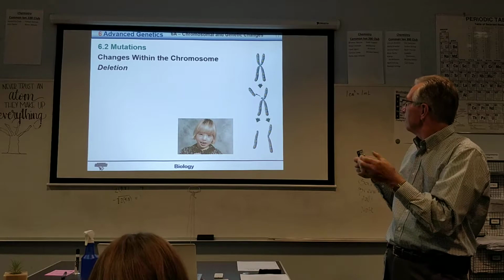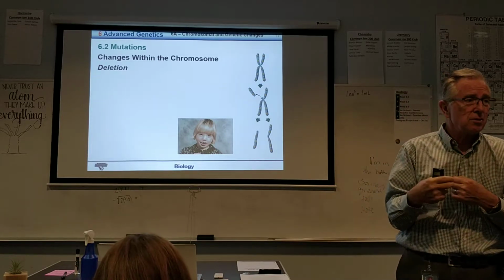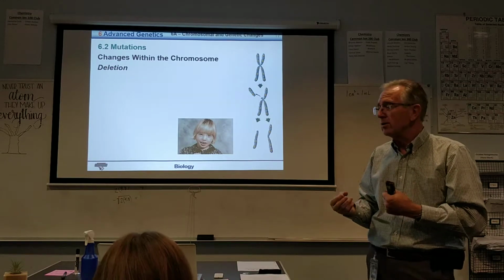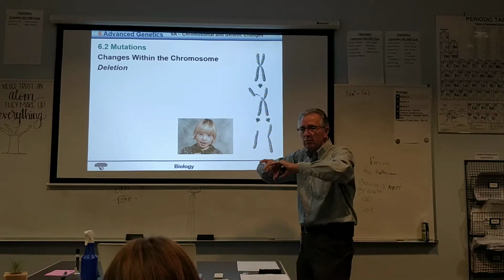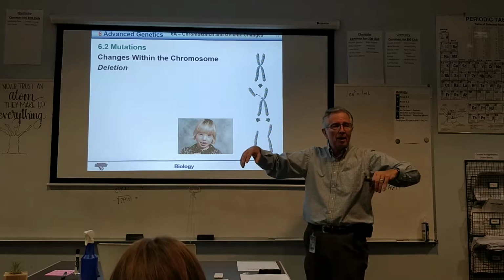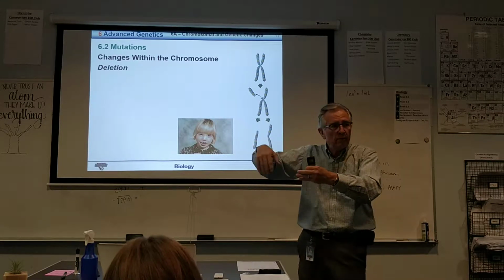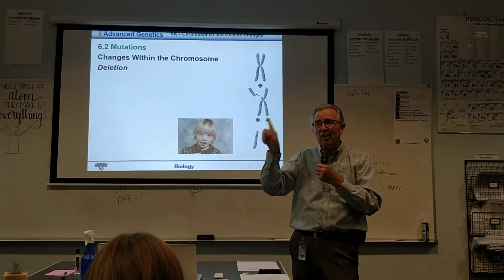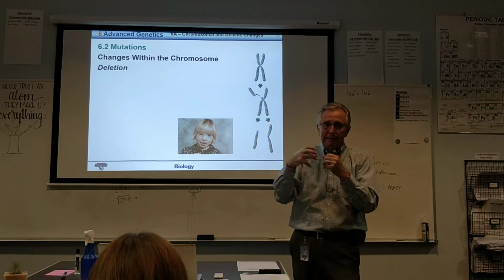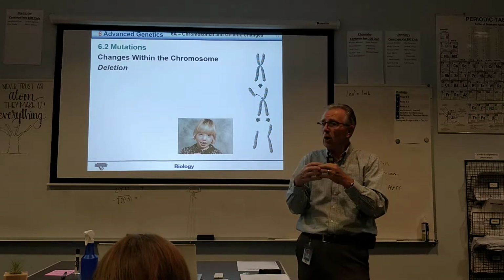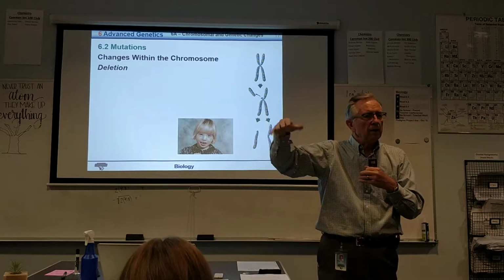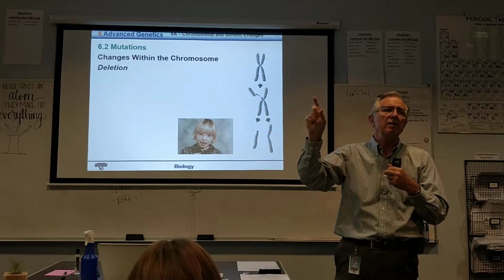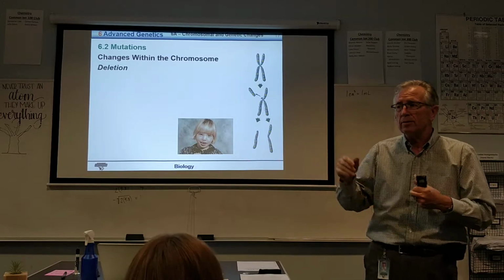Now, ordinarily, broken off pieces will reattach, but sometimes they don't, and when they don't, after they've moved to opposite ends of the cell and the nuclear membrane reforms around the chromosomes that are there, this might end up on the outside of the nuclear membrane, not on the inside where it belongs, and so it will just end up disintegrating. So now we have a chromosome that's missing genes for certain characteristics.